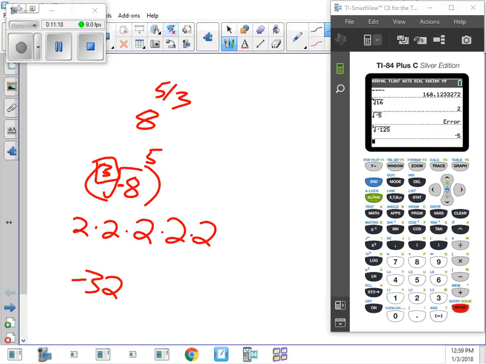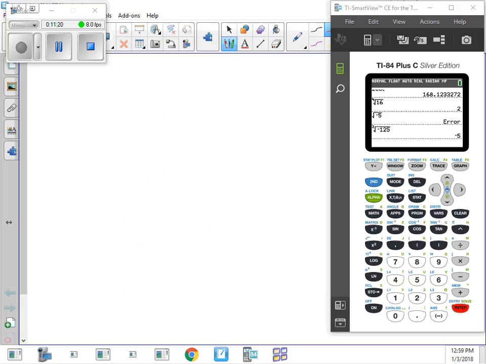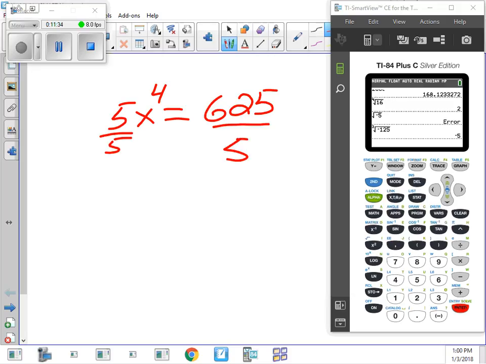Okay, so what if I had, say, 5x to the 4th equals 625? How would you solve that? Divide by 5. We got to get rid of the coefficient first, and I get x to the 4th is equal to 125. Now what do I do?